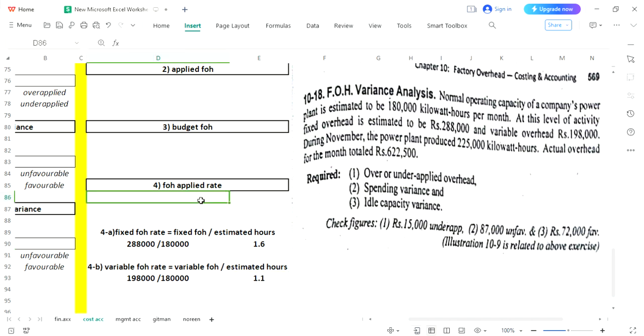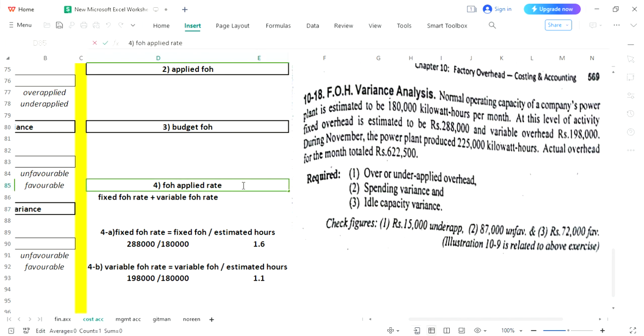How does the FOH applied rate come? You will take your fixed FOH rate and add to it the variable FOH rate. In this way you will calculate your total FOH applied rate. We should write it, total applied rate, also the name, total applied FOH rate.